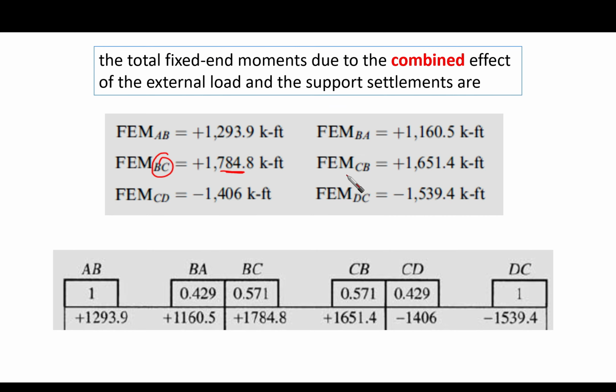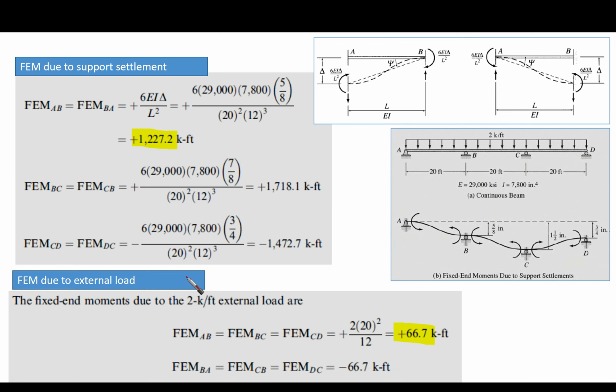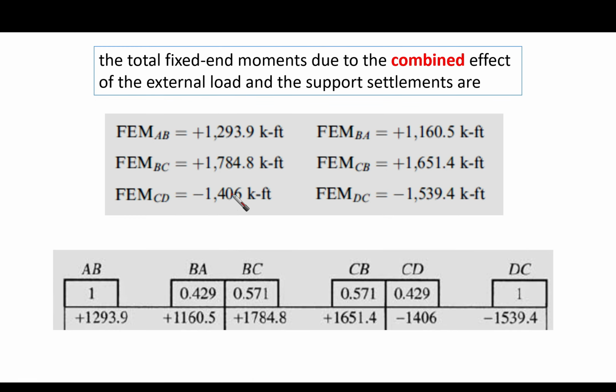Similar for CB. Here we have 1,700 something, and CB it is minus 66, so we are going to subtract this. When they have negative and positive, the summation is given as is, and so on and so forth with the remaining.